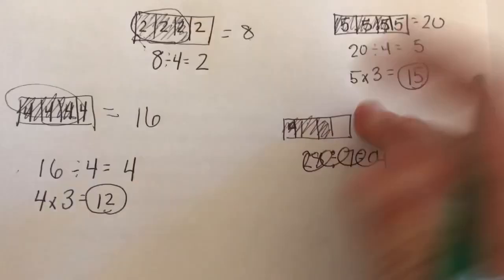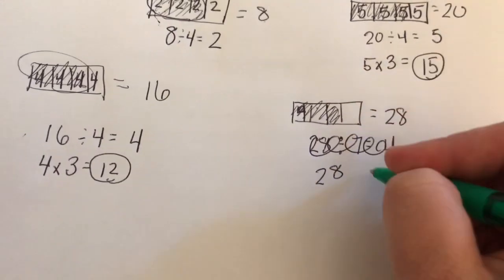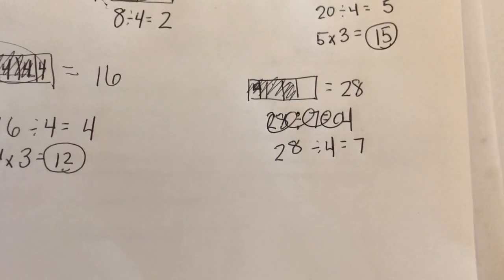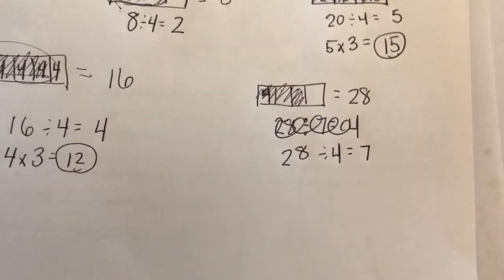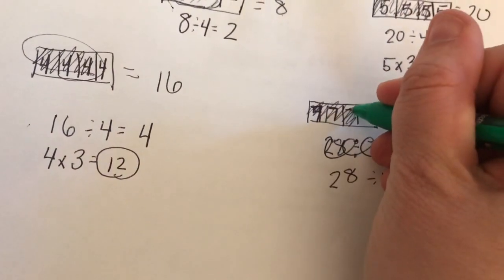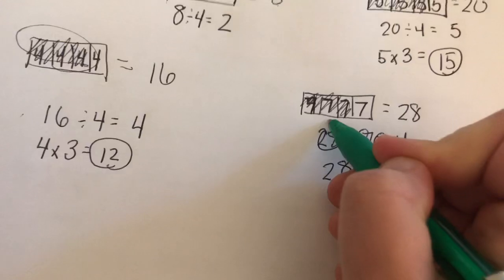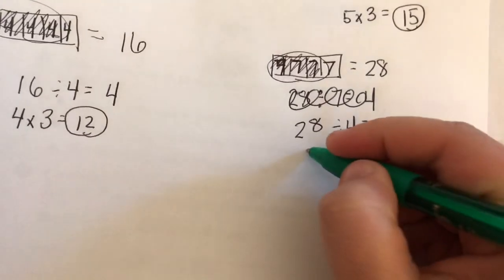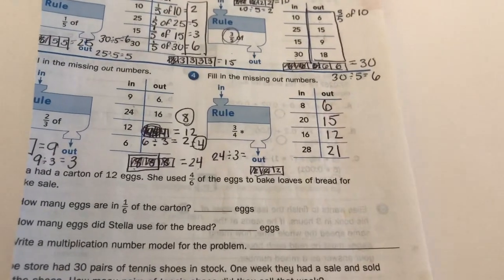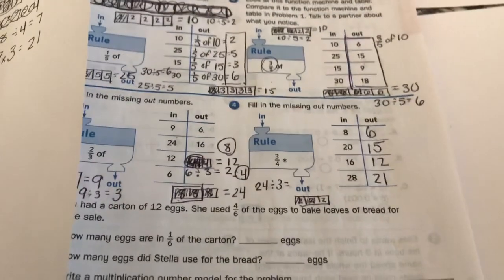I gave you the answer. 28 divided by 4 equals 7. Guys, I'm still human here. So each of these sections is 7. I want to know what 3/4 is, so I want to know what 7 times 3 is, and that's 21. So 3/4 of 28 is 21. Okay, hopefully this is starting to get a little bit easier.